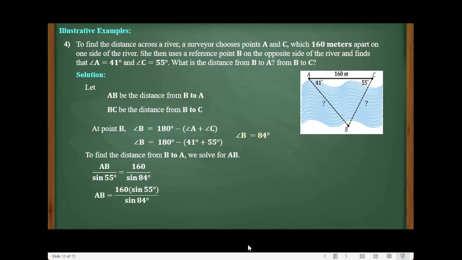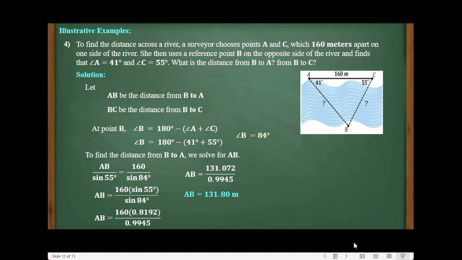Solving for AB, 160 is multiplied by sine 55 degrees over sine 84 degrees. Using the scientific calculator, sine 55 degrees is 0.8192, while sine of 84 degrees is 0.9945. Computing the length of segment AB gives us 131.8 meters.